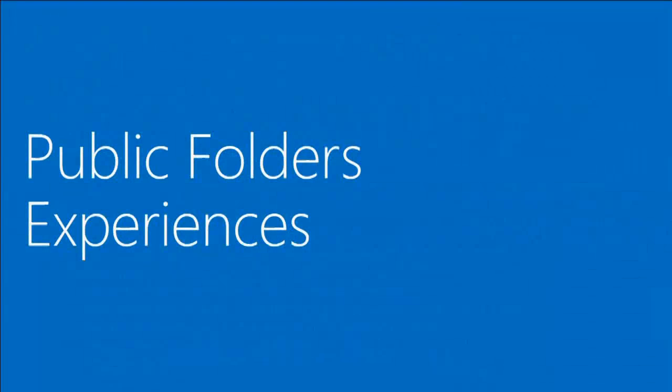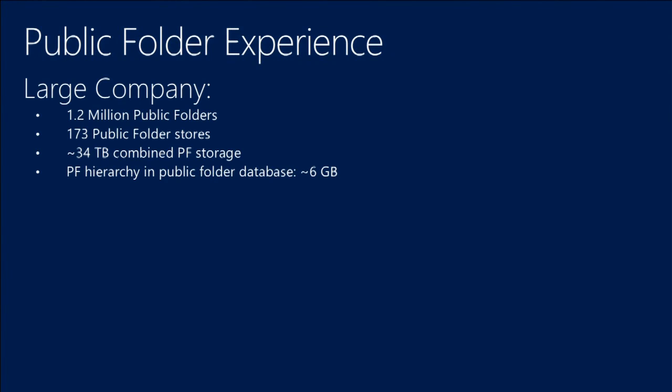So let's talk a bit about experiences. I'm working for quite a large company. They have 1.2 million public folders. It's considered a large public folder structure. We have 173 public folder stores, and roughly 34 terabyte of data.